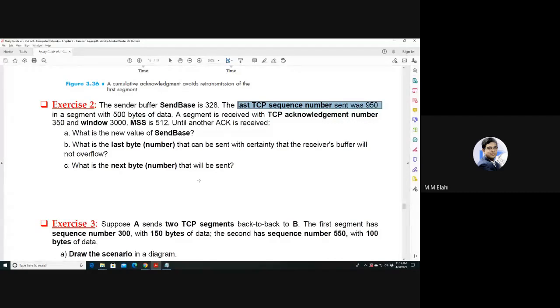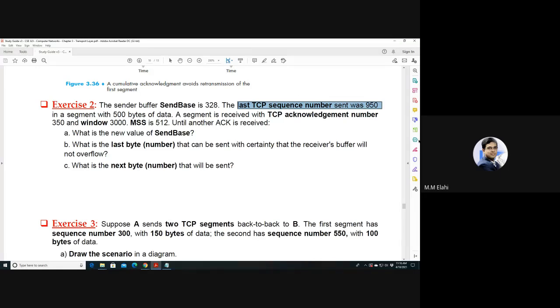It can happen, because acknowledgements for the other segments will be sent later. So the receiver's acknowledgement number 350 is for a segment sent before, but for the other segments no acknowledgement has been received yet. These are two different facts you have to draw.